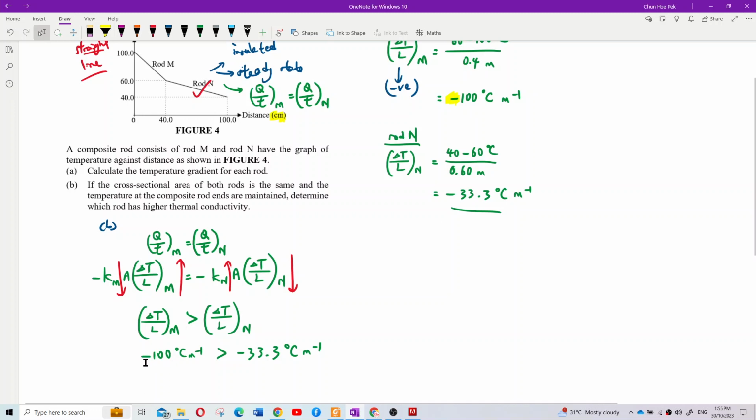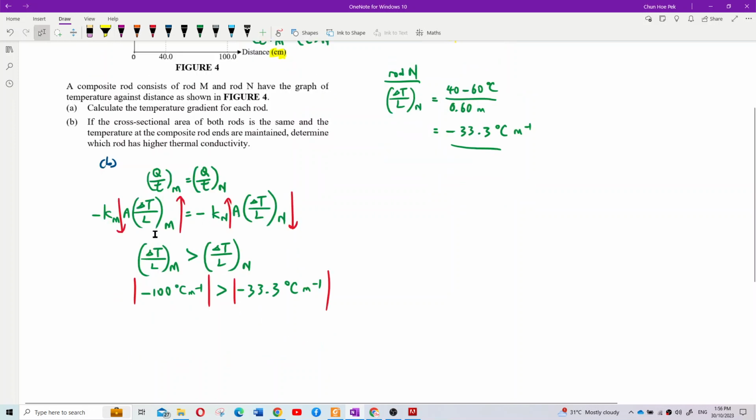We don't look at the negative sign, we just look at the value, like a modulus. 100 is bigger than 33.3, not negative 100. The gradient of M is bigger compared to the gradient of N.